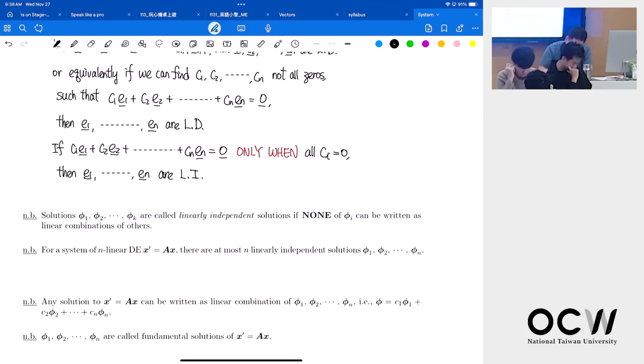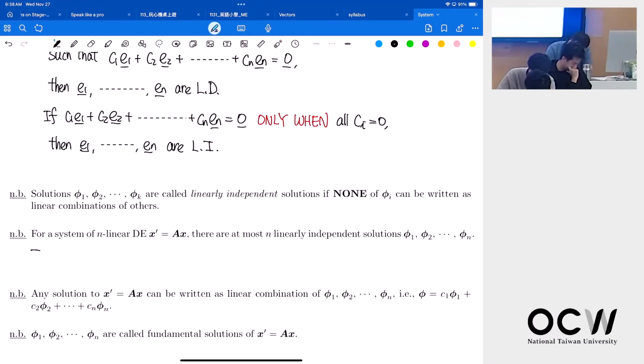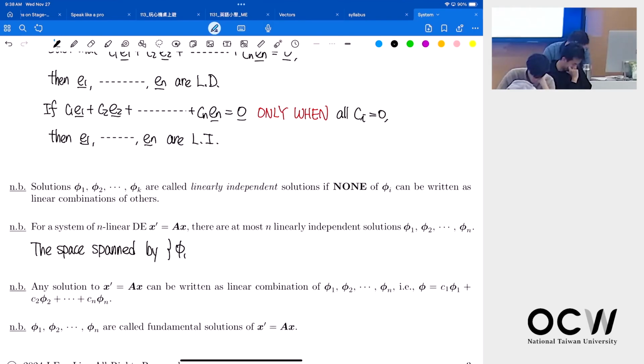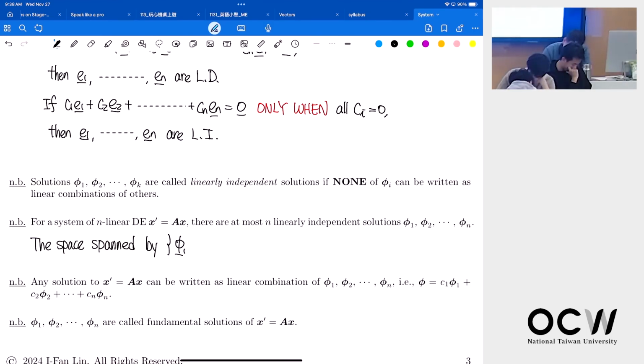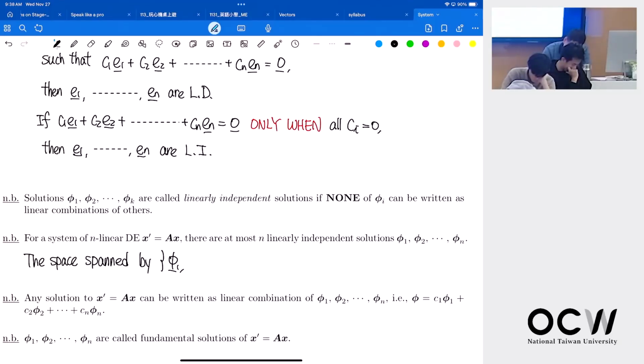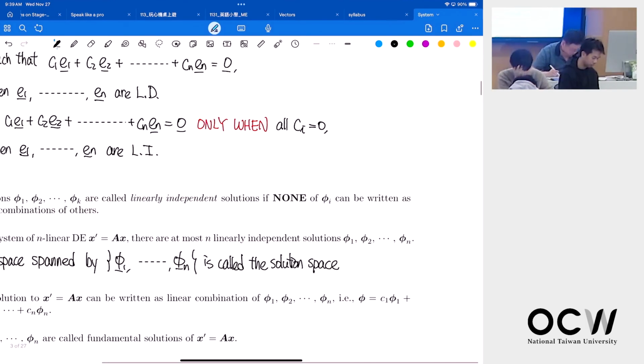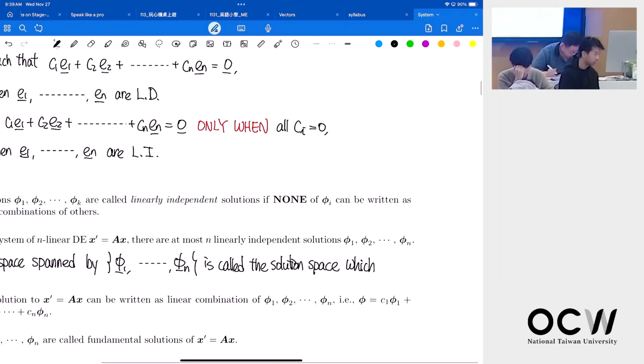Okay, and then we may say the space spanned by phi 1 to phi n, you see that those phi are vectors, is called the solution space. And this solution space is n-dimensional.